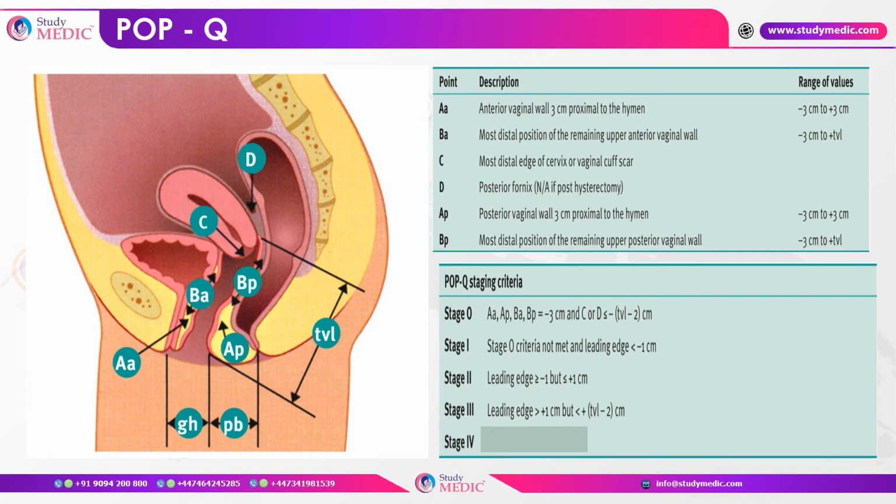And stage 4, that means there is total walled prolapse, when the leading edge is more than or equal to the total vaginal length -2 centimeters. Okay, so this is basically the POPQ system. You should be well conversed with all the points because you could have a lot of questions.